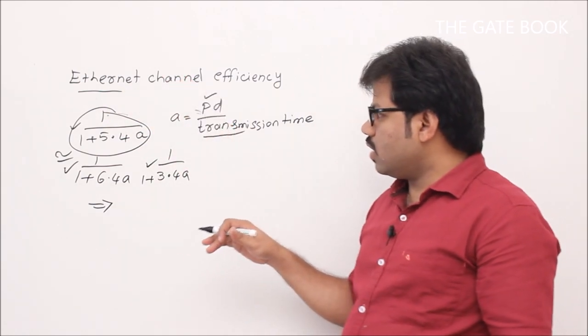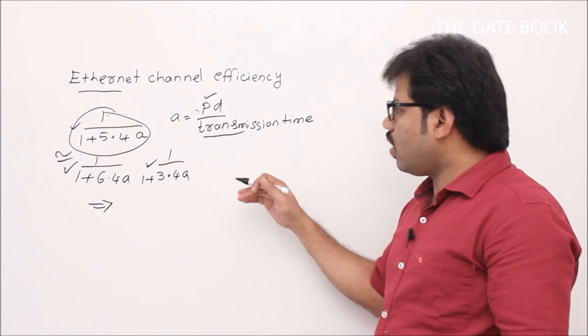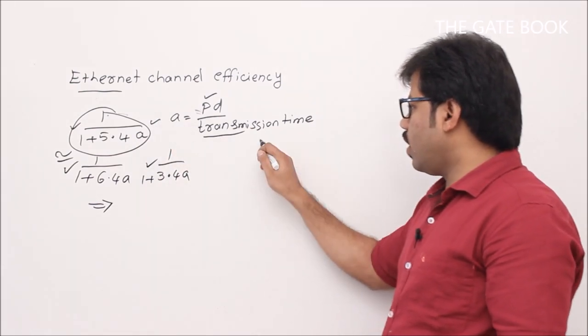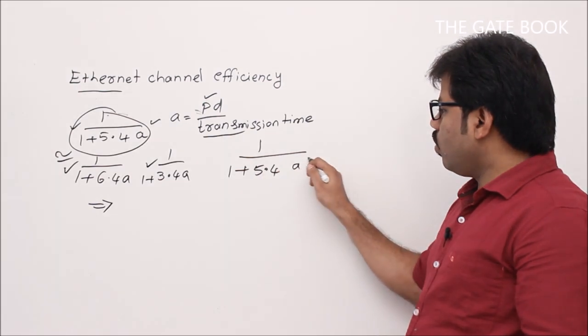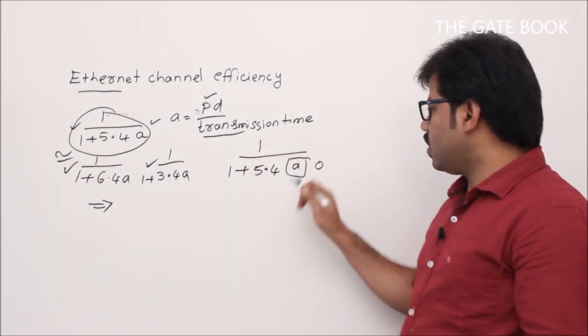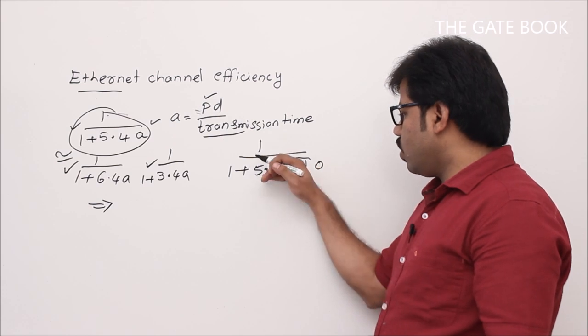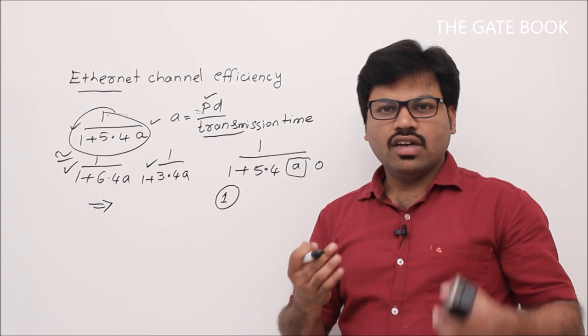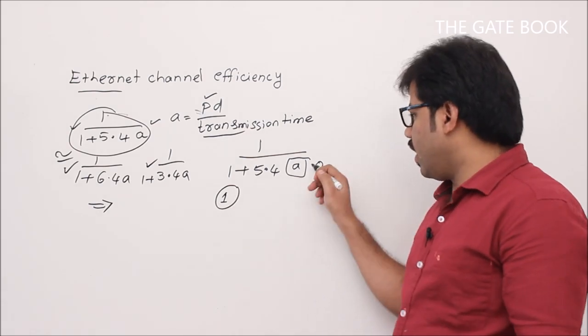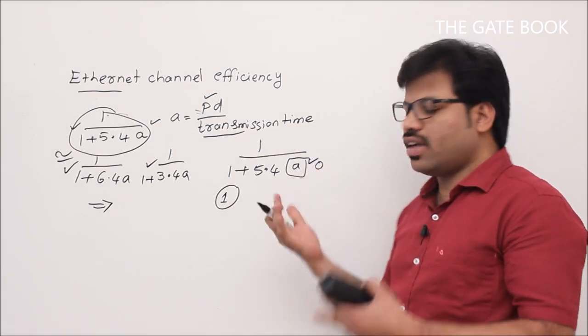Let's try to focus on this. To get a lot of efficiency, let's take 1 by 1 plus 5.4a and analyze it. If this a is 0, then what happens? 5.4 into 0 is 0, so 1 by 1 is 1. You get channel efficiency 1. That is what we want, right? But it is impossible. How can you make the value 0? It is impossible, but try to understand.